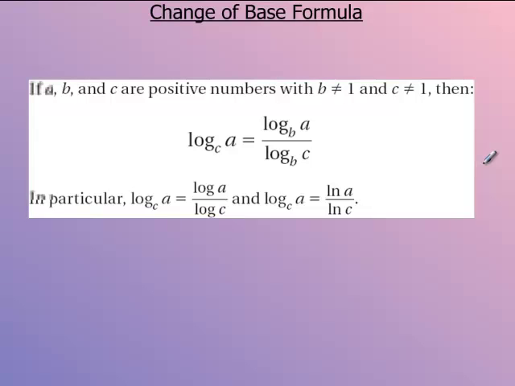Now, this is specifically good for when you use a calculator that can't use different bases. Now, as the technology updates, we can have calculators where we can put in whatever base we want. But by default, most calculators can only handle doing a base of 10 or e. So if you have a base of 7 or 3, then you can't do it.